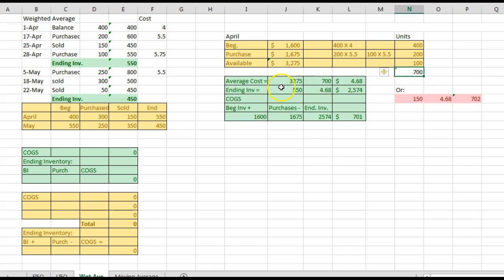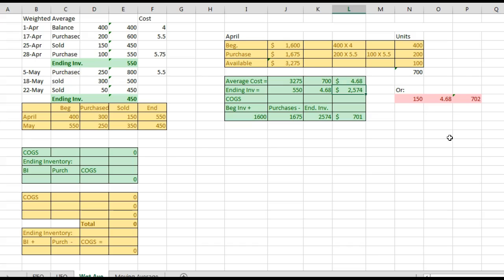So if you take $3,275, divide it by 700, you end up with $4.68 per piece. So our ending inventory then was 550. Remember, we figured that. So we take 550 times 468 and come up with an ending inventory of 2574.